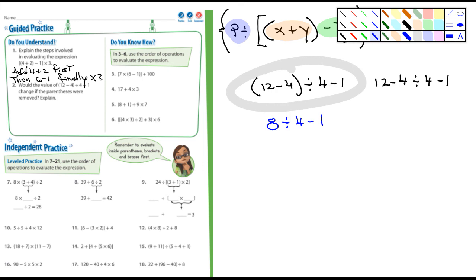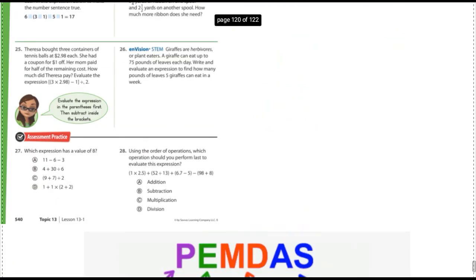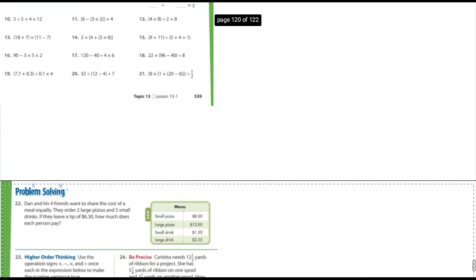So we have division and we have subtraction. What would we do first? Well, if you don't remember, go down to the PEMDAS chart or example that I showed you guys, and you can pull up one on your Chromebook and look yourselves. You do multiplication and division before you do addition and subtraction.